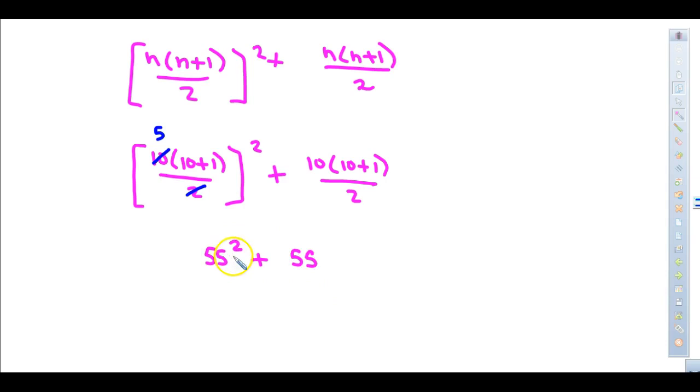Now you can do 55 squared and then add 55 to it and all that stuff if you want to. Look how easy it is to come over here and multiply, y'all. It's so easy to multiply. I better get this right telling y'all that it's easy, hadn't I?